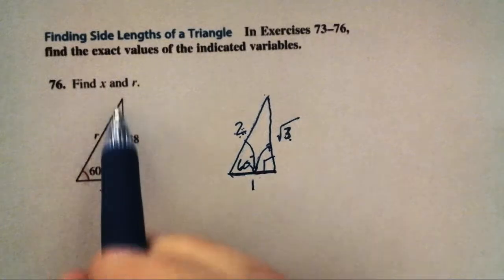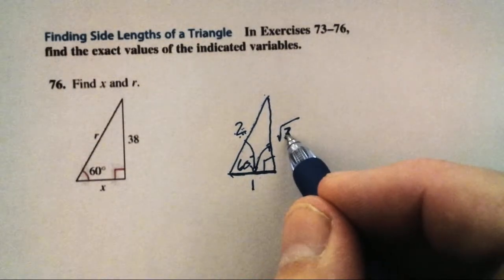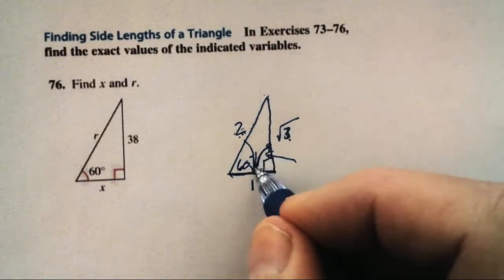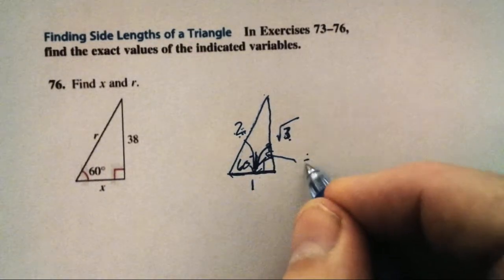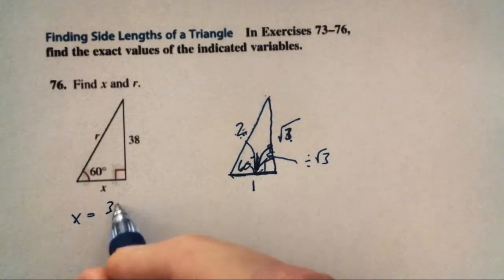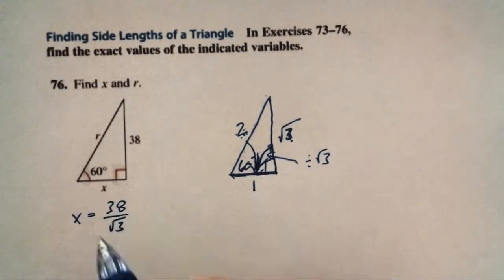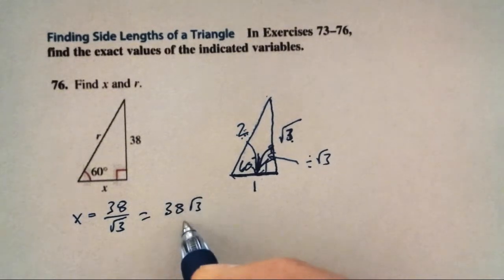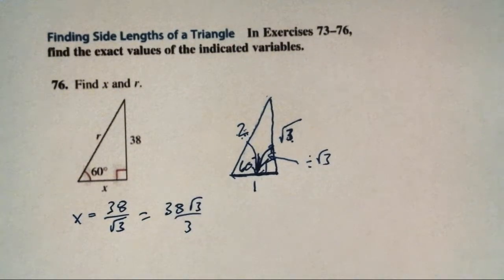In this case, we're given the 38. To get from square root of 3 to this side, if we're going in this direction, we have to divide by square root of 3. So x is 38 on square root of 3, or, of course, 38 square root of 3 on 3.